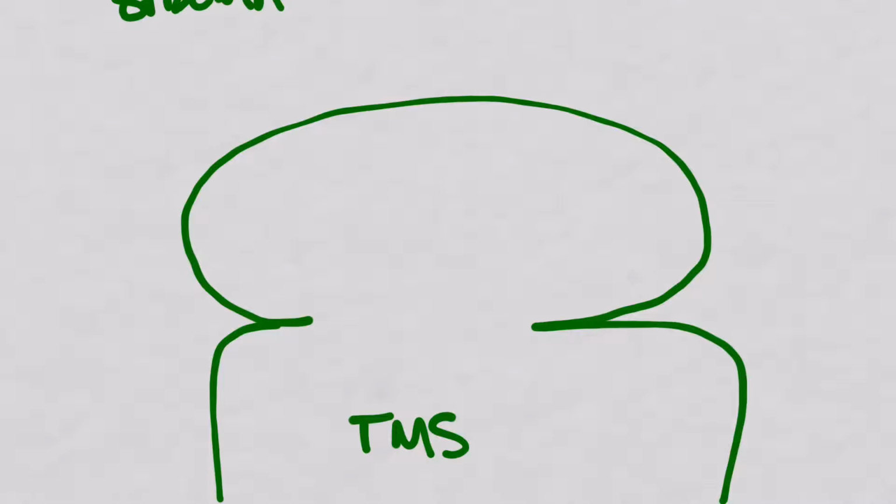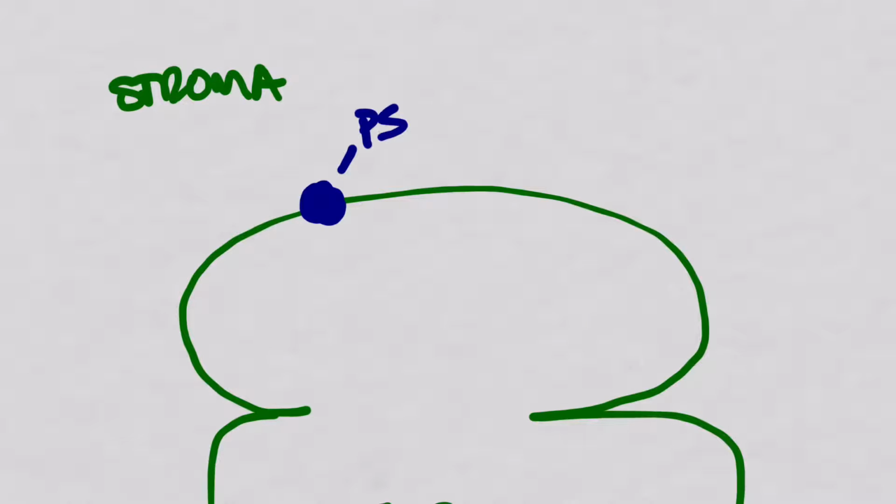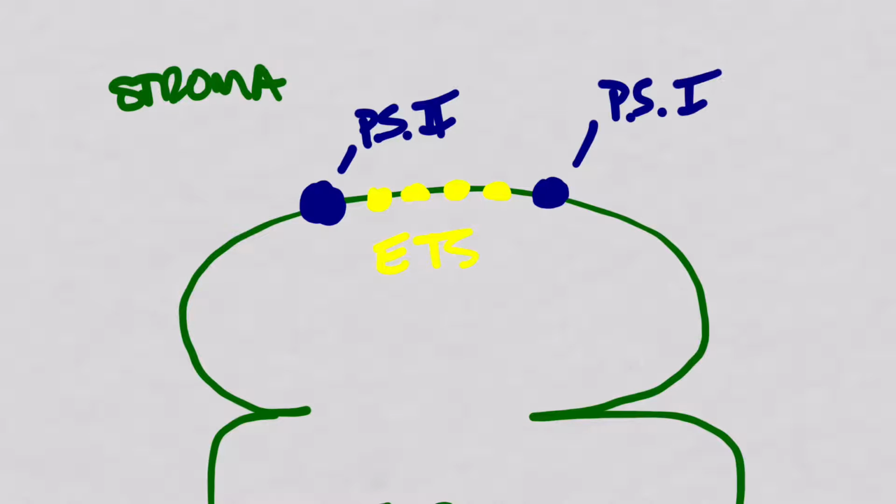You are all familiar with some of these things, and the first one I'm going to draw here is PS, photosystem 2. And following photosystem 2, there is an electron transport chain, or electron transport system. I'm going to call it an ETS. And then additionally, there is photosystem 1, and photosystem 1 is followed by another ETS.